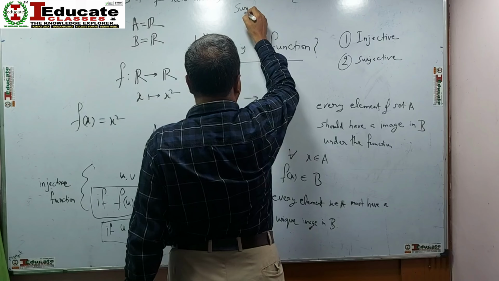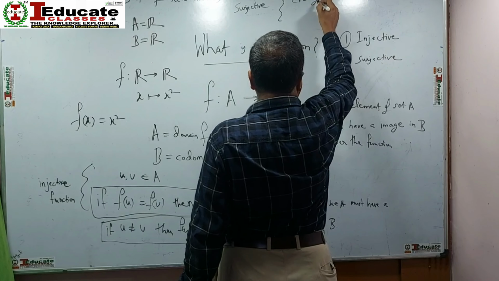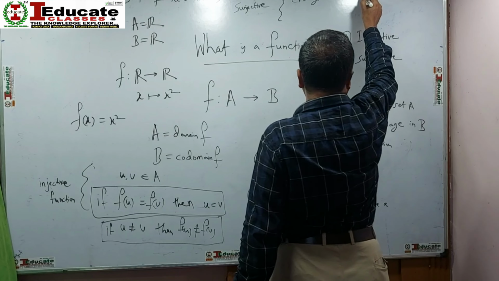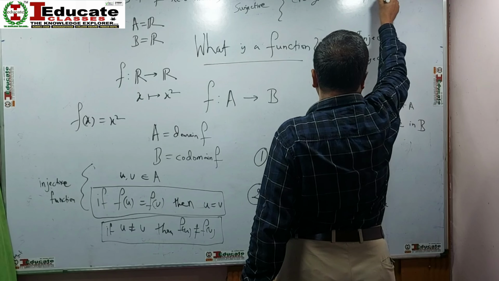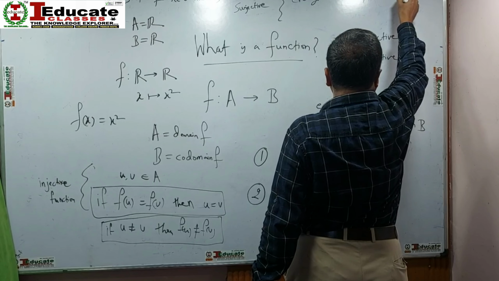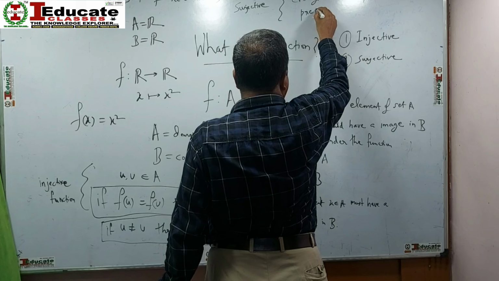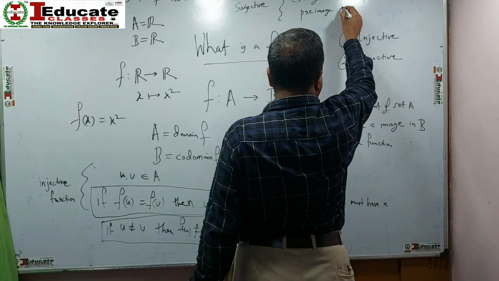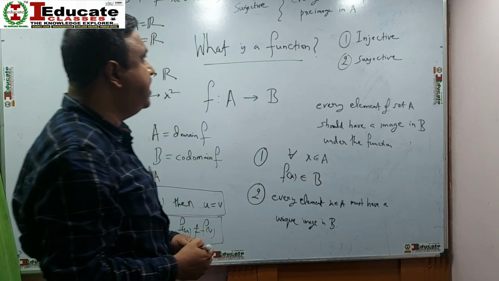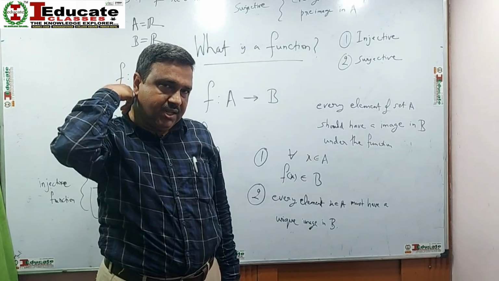Surjective function is: every element of codomain set B must have a pre-image in domain set A. This is the surjective condition: every element of B must have a pre-image in A.